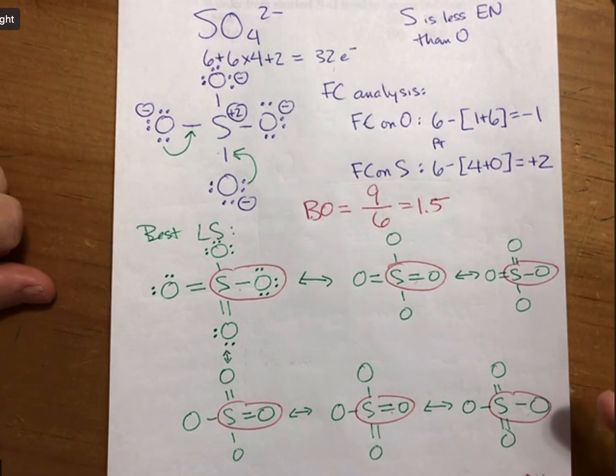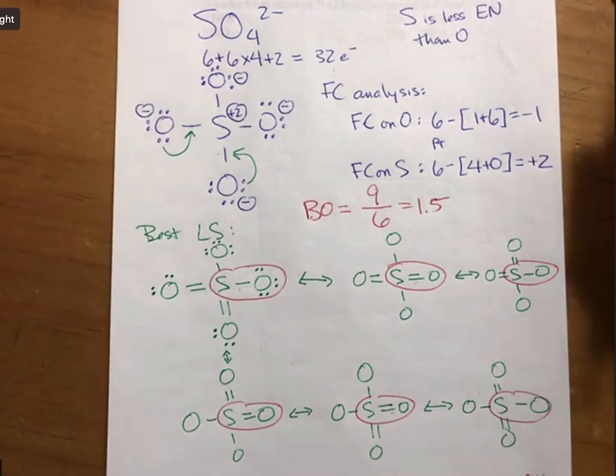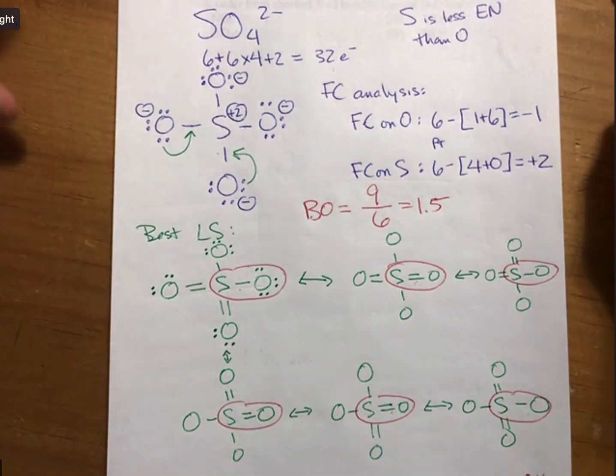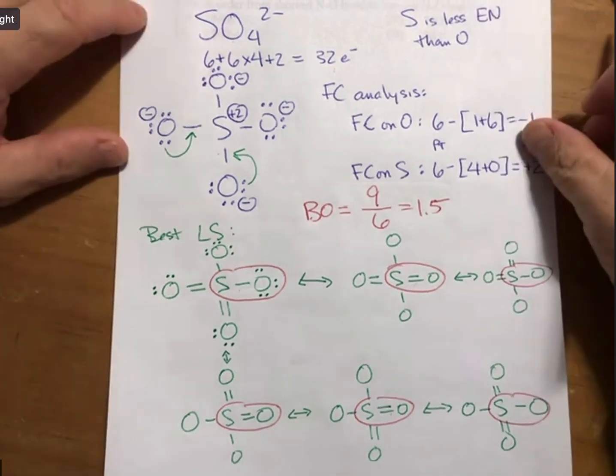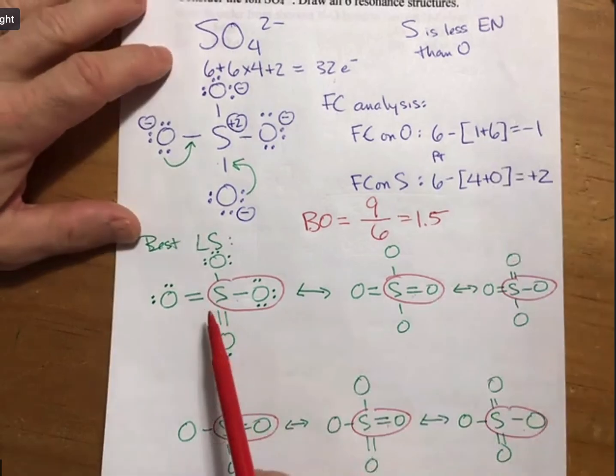Prof, how did you get the 9? Good question. Just a heads up, this is the most Lewis resonance structures you'll see on any problem; all the other ones are less. Here's how I got the 9.